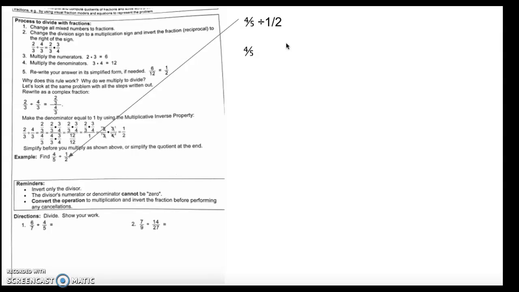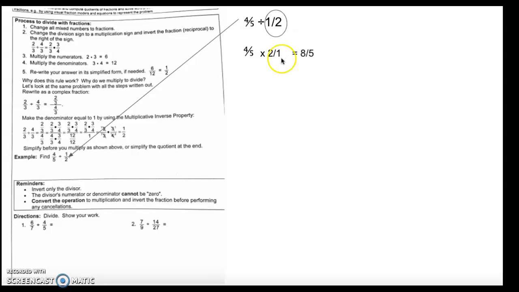So we rewrite 4/5, and then we're changing this number and this number here. So this is our reciprocal. This is the one we're going to flip, and it becomes a multiplication problem. So now it's 4/5 times 2/1. Which is the same as saying 4/5 times 2 wholes.